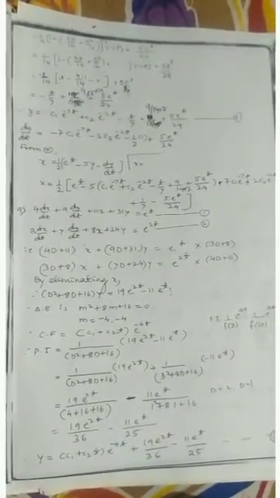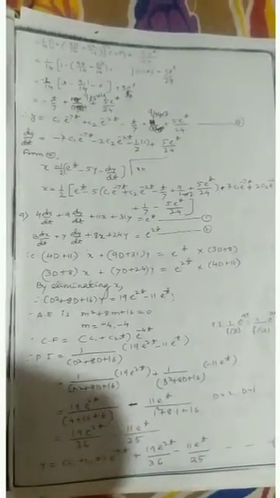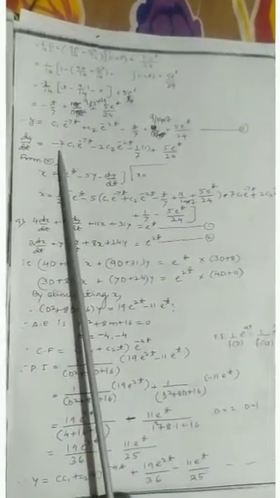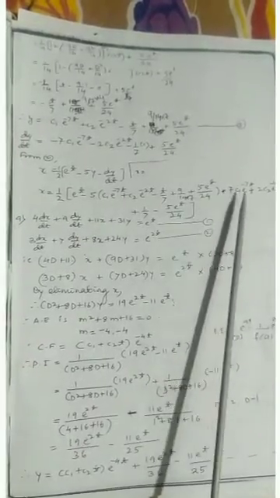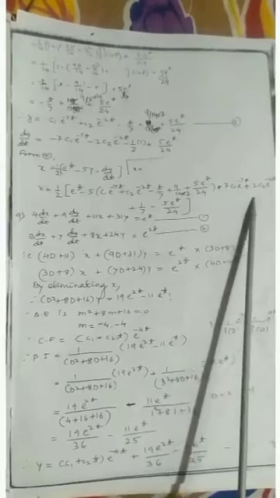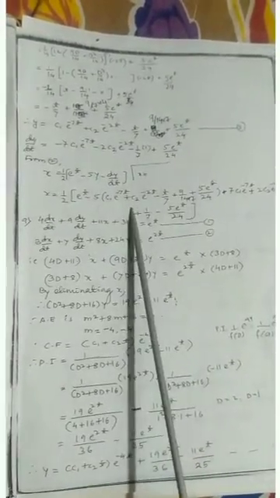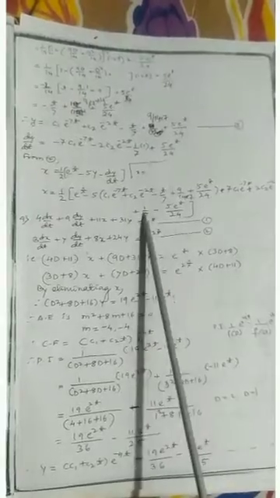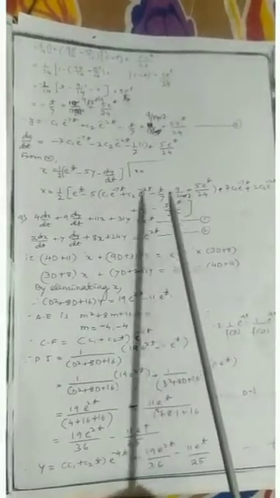Then minus dy by dt: minus plus gives 7C1 e to the power minus 7t, once again minus plus gives 2C2 e to the power minus 2t, then minus plus gives 1 by 7, and minus plus a minus gives 5 into e to the power t divided by 24.